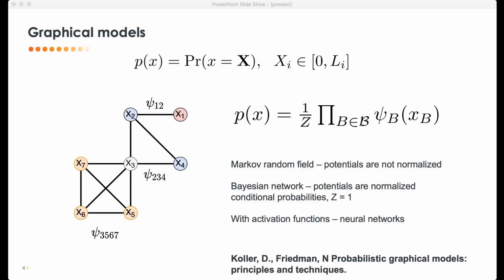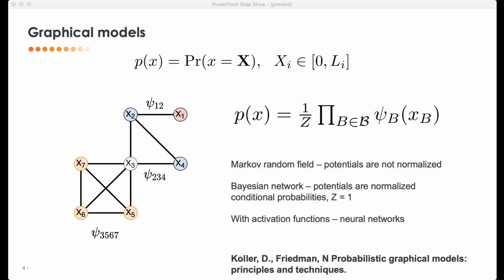To represent this joint probability, you can use a graph where every vertex corresponds to a variable and edges correspond to potential functions. If the potential function acts on a pair of variables, then it corresponds to an edge. And if a potential function acts on some bigger group of variables, then it corresponds to a connected subgraph or a clique in the graphical model.